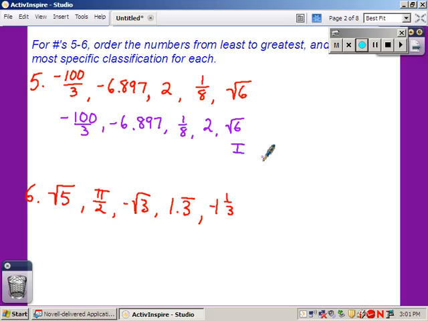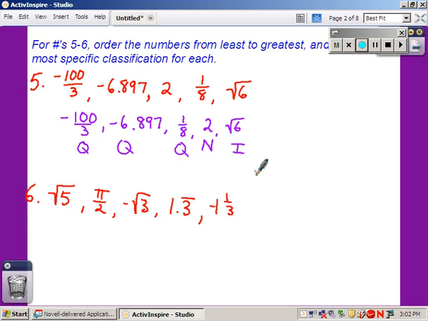Then I go looking for any kind of decimal or fraction whatsoever, and I say to myself, okay, anything that's a decimal or fraction, it's not even going to be an integer, it's got to be rational and that's it. So all of these are rational numbers. And then finally I'm left with the number 2, which I know is an integer because it's a normal number, and it's a whole number, and in fact it's actually a natural number. So this is the most specific classification you get.